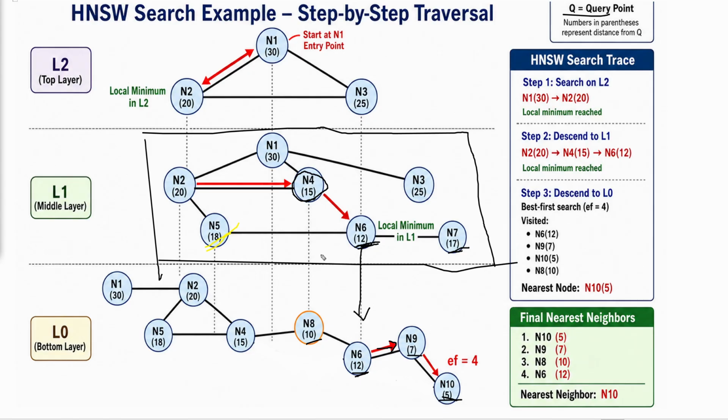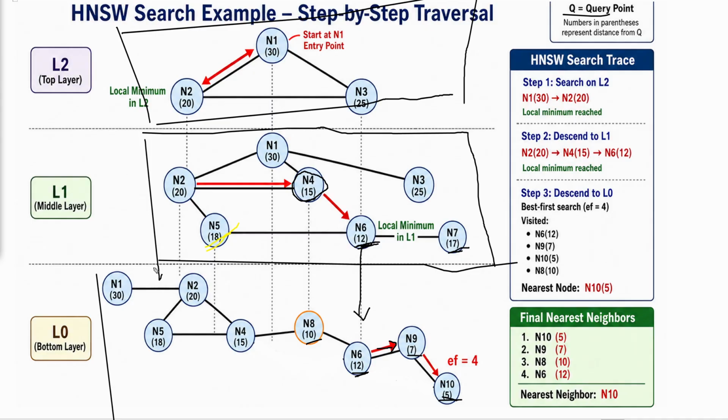So if you observe here, we have 3 NSWs. This is the first NSW, this is the second NSW, and this one is the third NSW.